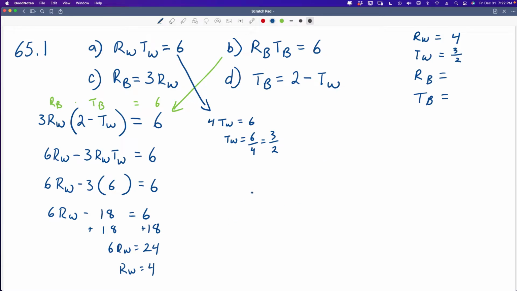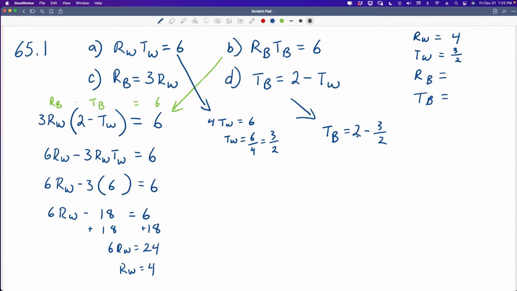Easy peasy. All right, so now that I know what TW is, I can find out what TB is, okay? So I'm going to take this formula and solve by putting in TB equals 2 minus 3 over 2.